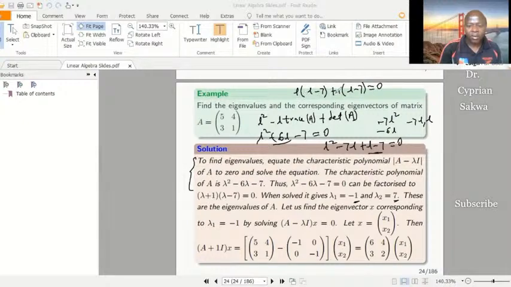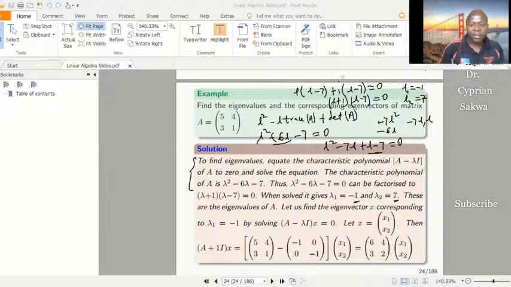So then it will be lambda plus 1 multiplied by lambda minus 7 is equal to 0. At this point, equate the first term, lambda plus 1, to 0 to get lambda 1 as -1. And also equate the second term, lambda minus 7, to 0 to get lambda 2 as 7. These are the characteristic eigenvalues.